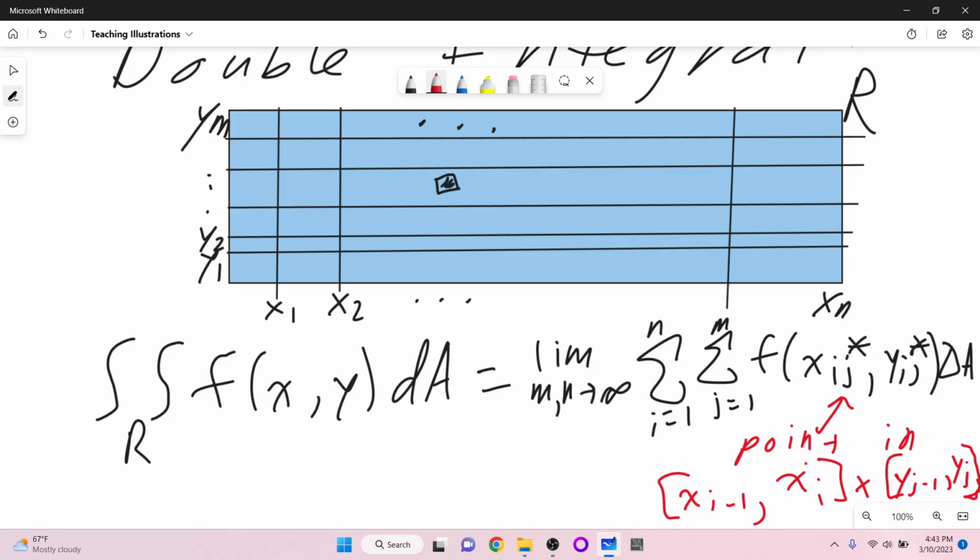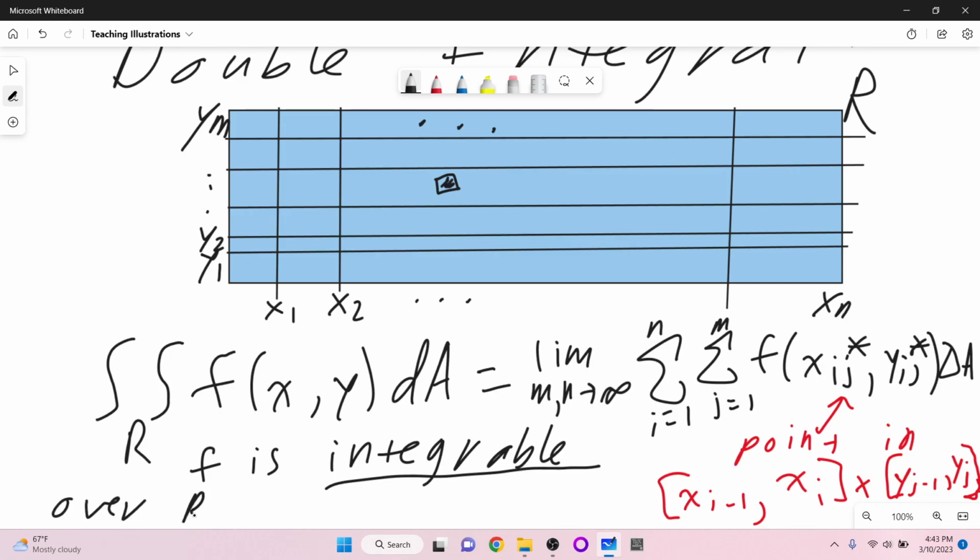More often, we are going to use some calculus techniques to skip over this tedious summation. But we say if this limit exists, then f is integrable over R, provided that limit exists. So when we're going to infinity, there's no rule about how you pick these points. Any point will do. But we are going to have some standard methods of picking.